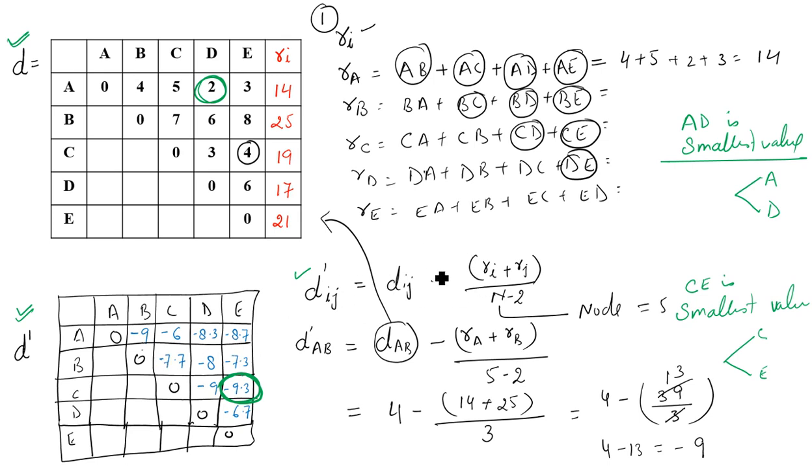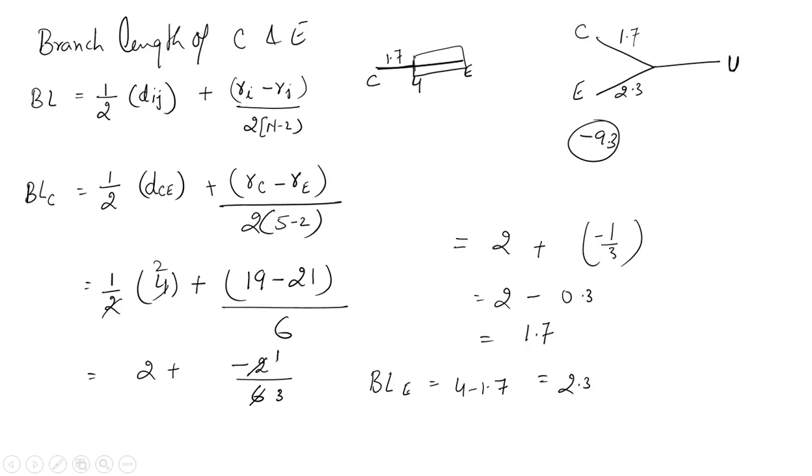We calculated these using the formula D dash ij equals dij minus ri plus rj, with n minus 2. Once we calculated this matrix, we found the smallest value and identified the nodes, C and E. So we calculated the branch length of C and E, and the formula for branch length is this one.